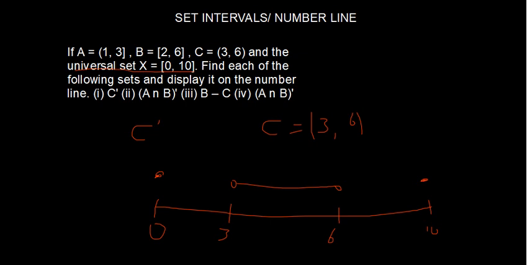So we're going to move from 3. Since 3 is not part of C, because it's a curved bracket, it's going to be part of the complement. So this is one part of C complement. Then also, moving from 0, since 0 is not part of C, we shade inside equally.